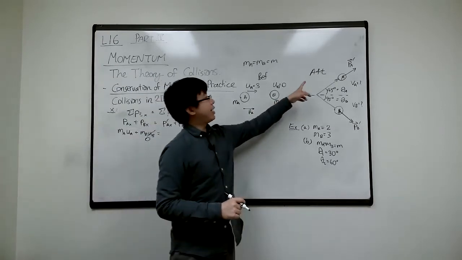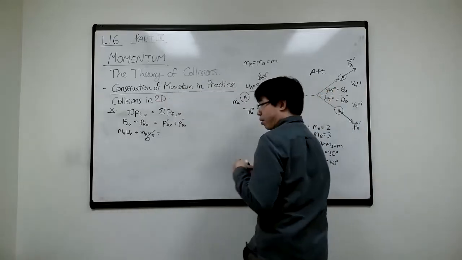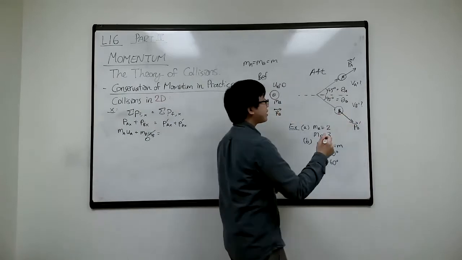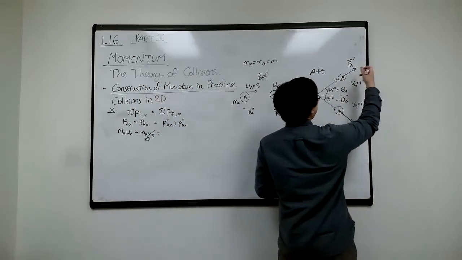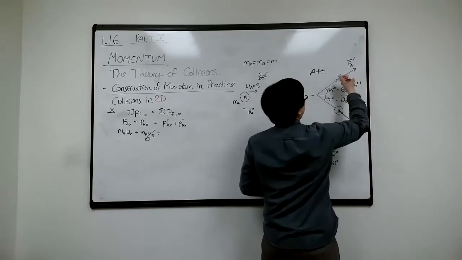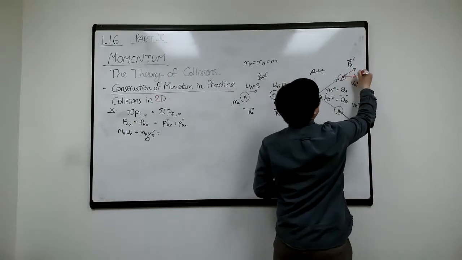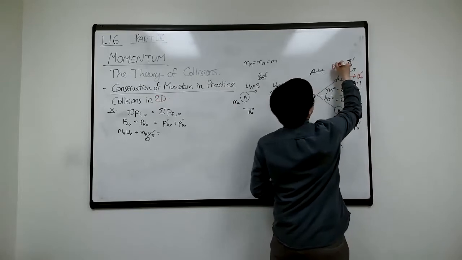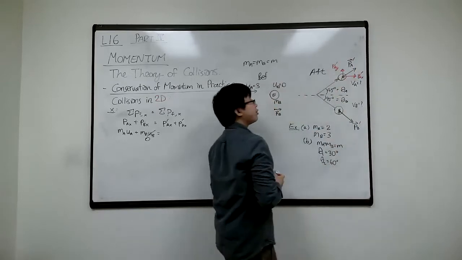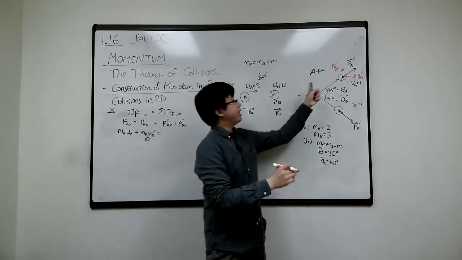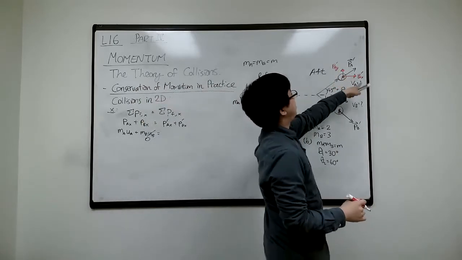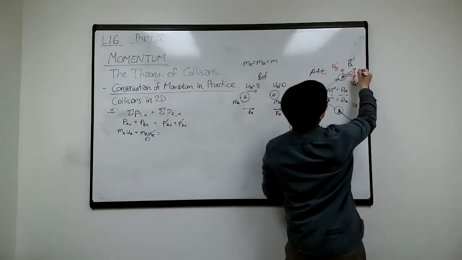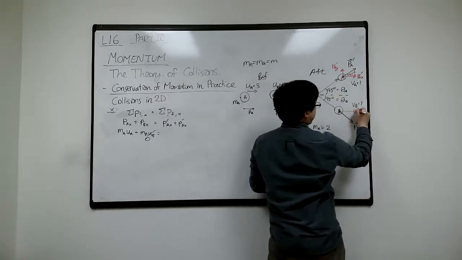Now I need to find the x component of this, so we go back to our favorite thing to do, resolving vectors. In this case it's not a force, but P is this way, so we need to resolve into PAX prime and PAY prime. Just like SUVATs in 2D, you need a UX and UY, but this time it's PX and PY prime. This is 45 degrees, same as this.